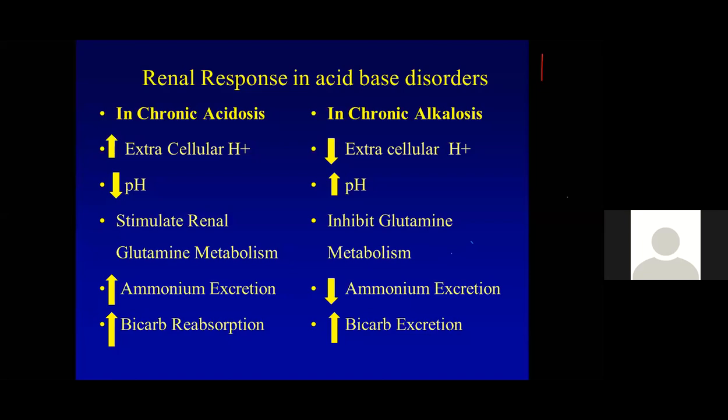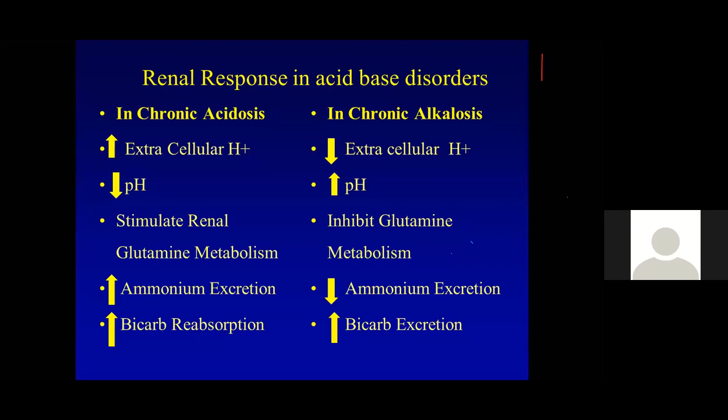And when there is chronic alkalosis, it inhibits the glutamine metabolism. So in acidosis, it stimulates. In alkalosis, it inhibits. By inhibition, it reduces the ammonium excretion and increases the bicarb excretion.